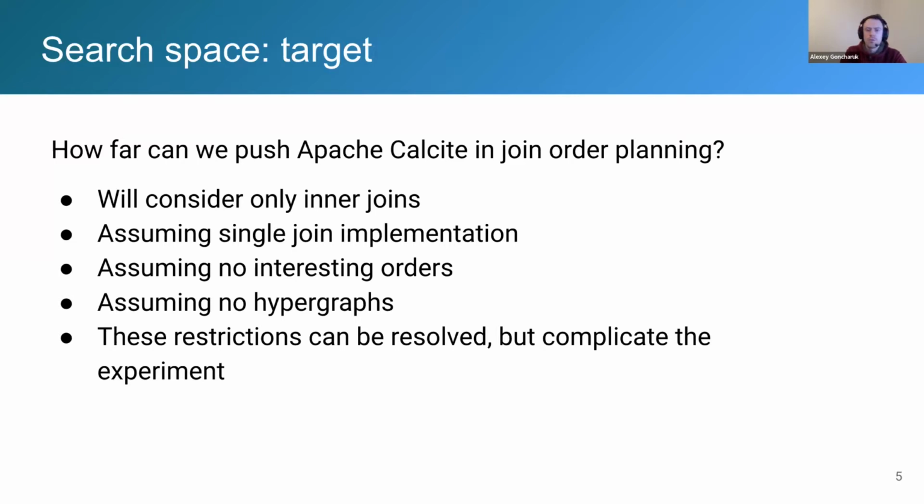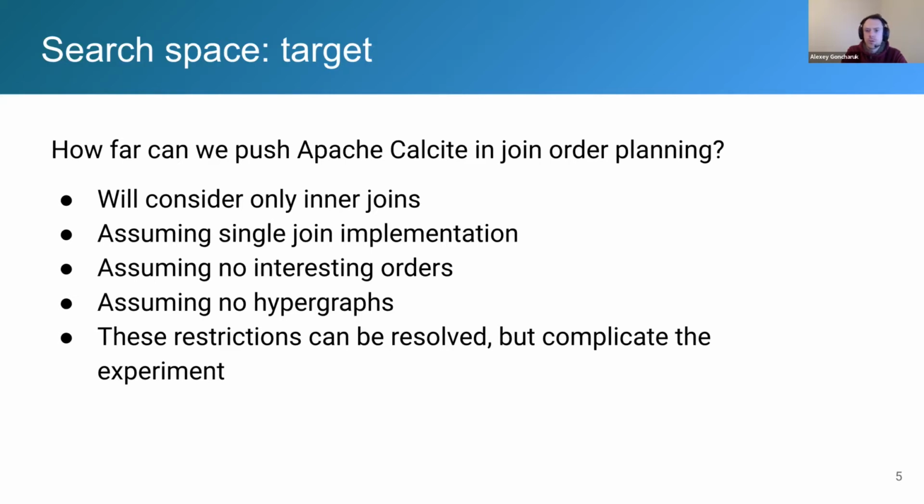For the sake of this presentation, we will make some simplifying assumptions, which can obviously be overcome in practice, but they would also complicate the presentation. So we will consider only one join implementation, let's say hash join, so no interesting orders, for example, for merge joins.